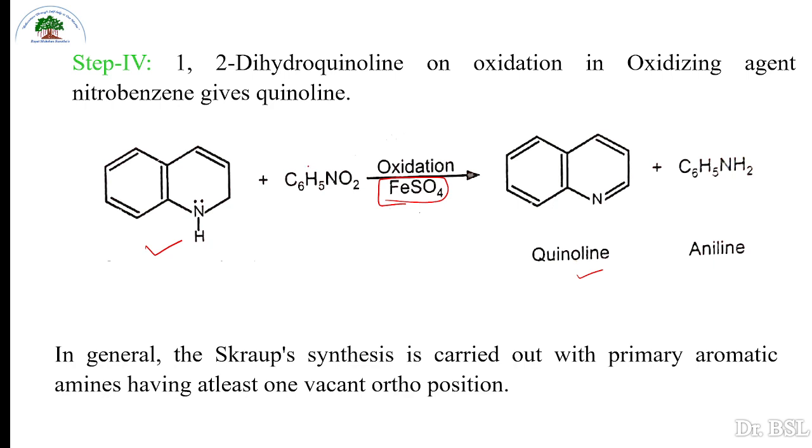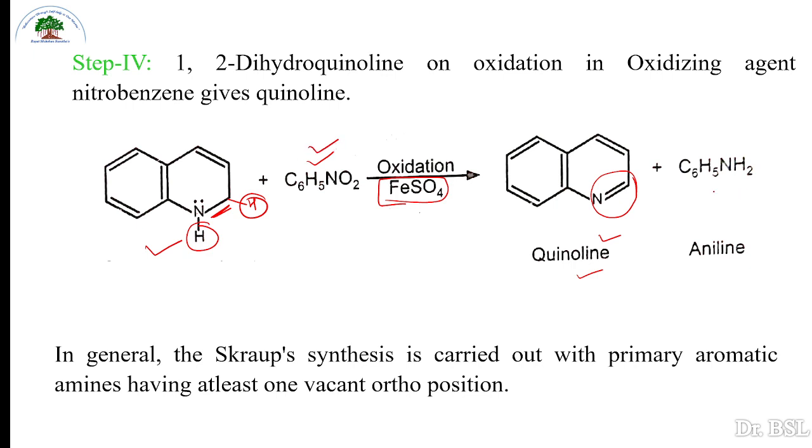What is nitrobenzene doing? Nitrobenzene is acting as oxidizing agent, and it removes this hydrogen and hydrogen from this carbon, and there is formation of a double bond between nitrogen and this carbon. So this newly formed double bond converts 1,2-dihydroquinoline into quinoline.